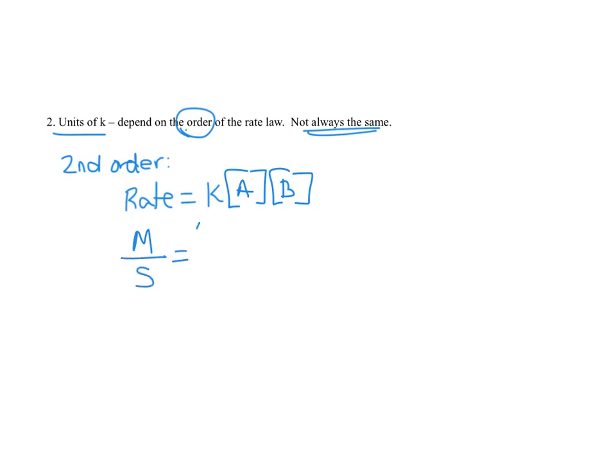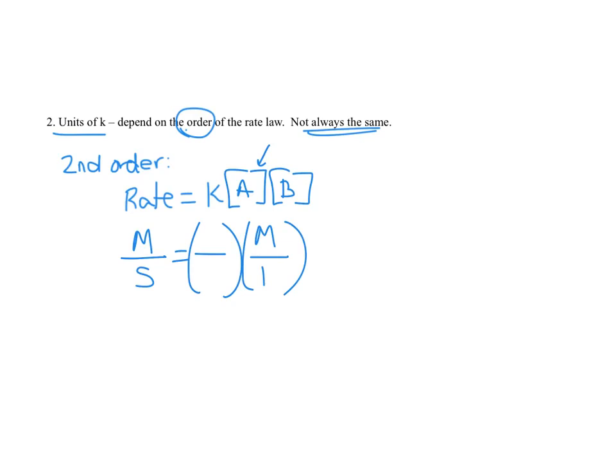And my units for K, I'm just going to put parentheses here. And we're going to do all of our units in fractions. And I'm going to figure this out in just a minute. Remember, anytime we see brackets in our rate law equation, this represents concentration. So I'm going to have molarity are my units for the concentration of A. And I'm just going to say anytime you have units that don't have fractions in them, we're going to put them over 1.